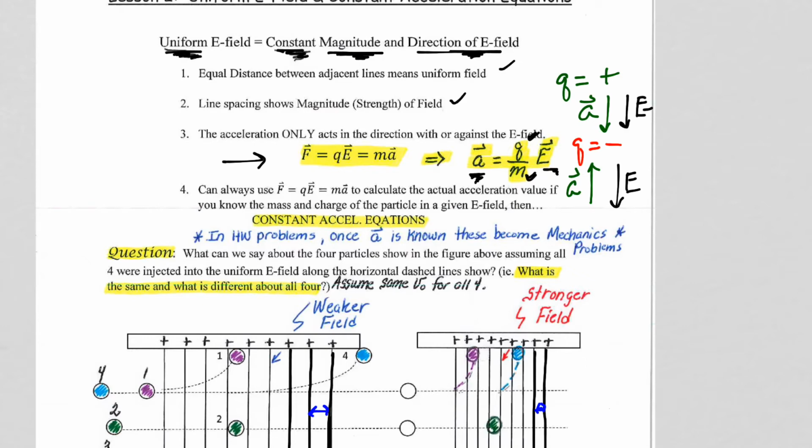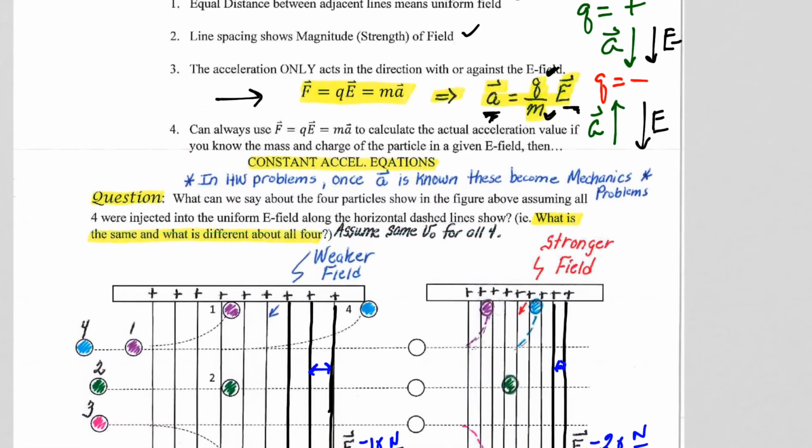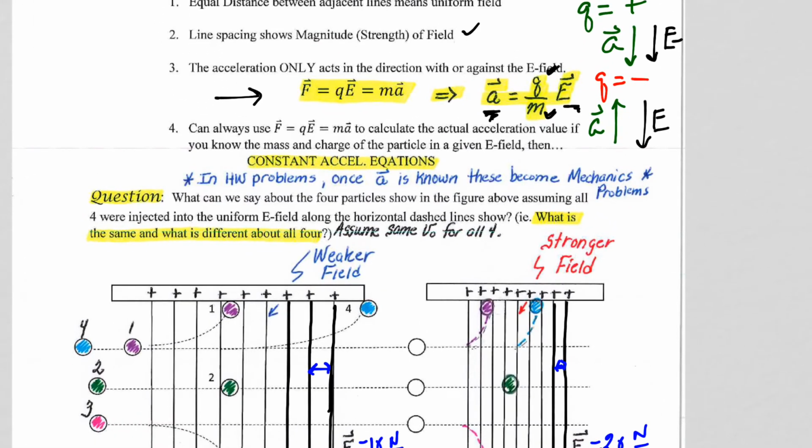And the acceleration, of course, goes with the force direction. So basically the homework questions boil down to constant acceleration problems, and as it shows here, we use a equals q on m times E to get the acceleration, and once the acceleration is known, it goes back to mechanics type problems from last year, so we'll see more of that.